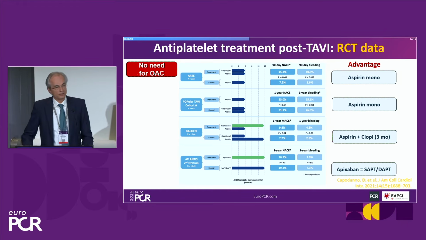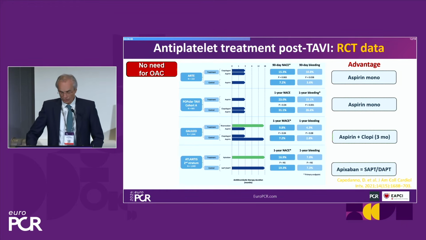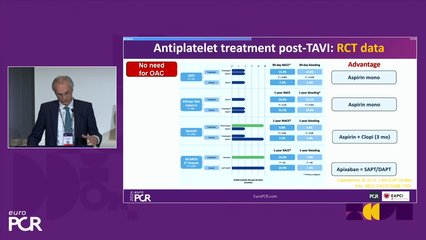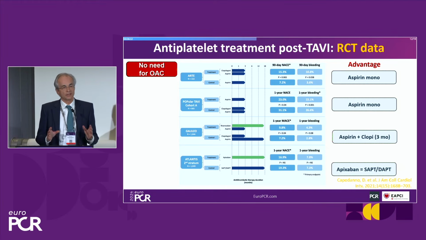Now, these were registry data, and if you go to randomized controlled data, there are a few studies out there. One major point to address is that in this set of data there is no need for anticoagulation per se, so no atrial fibrillation or any other indication for anticoagulation.